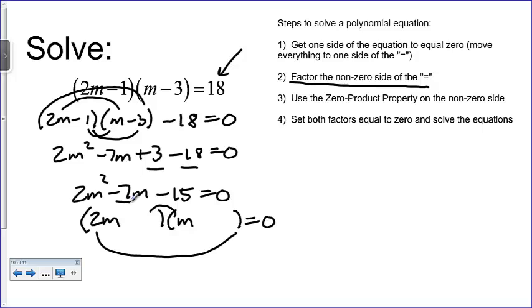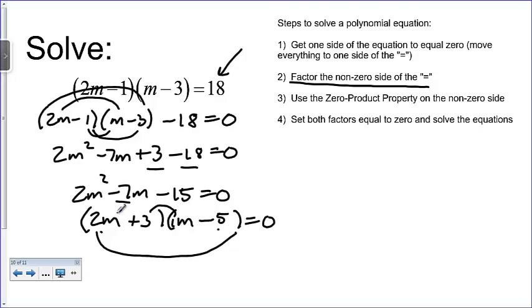Let's see what works here. I believe it's going to be minus 5 here and plus 3 here. Because negative 5 times 2 is negative 10. 3 times this 1 is 3. Add them together and we get negative 7.